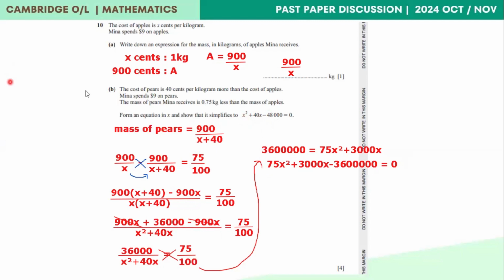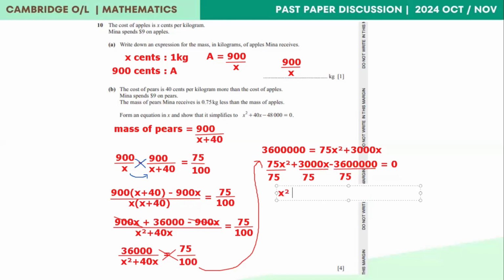So we divide the whole equation by 75. 75 divided by 75 is 1.